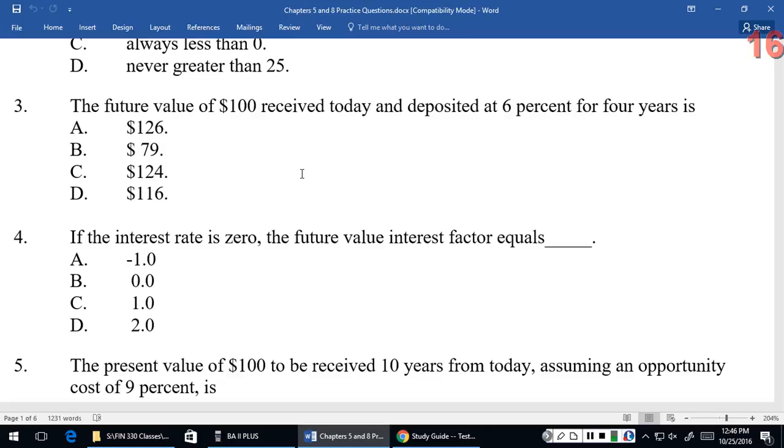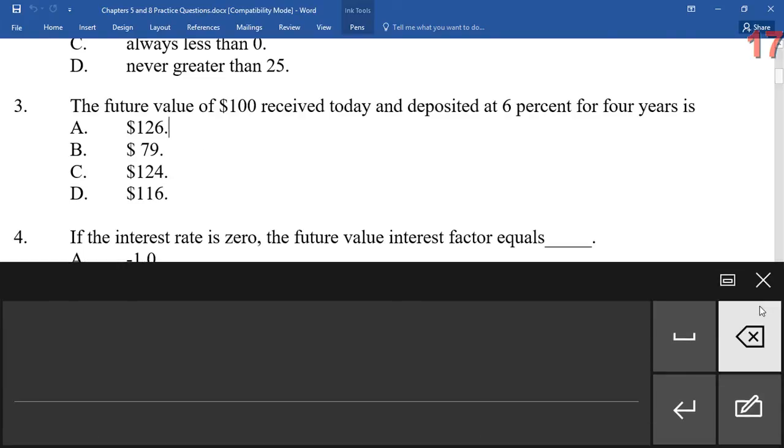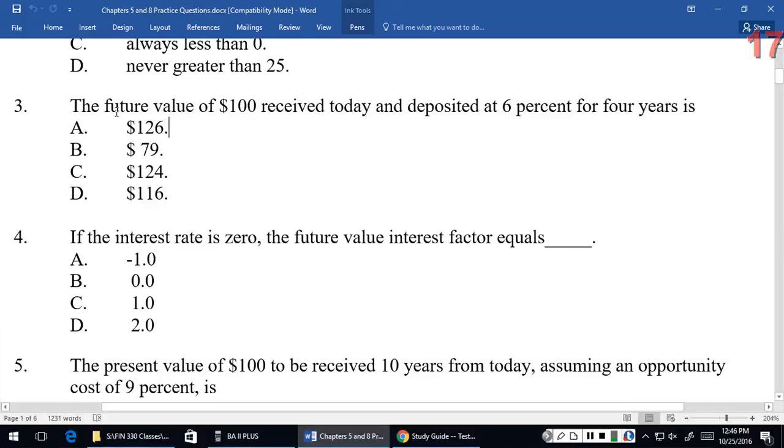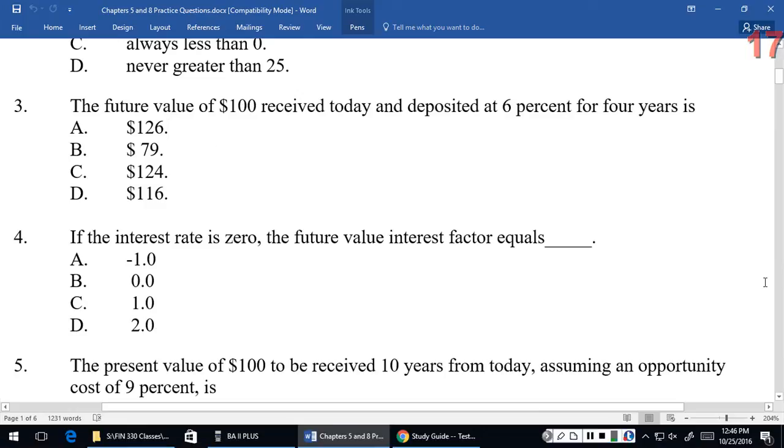Okay, so that's the first thing you need to identify when we're going through this. What type of problem am I working with? This is the future value of a lump sum. Now, you can do this a couple different ways. One is you could use the formula, which we just talked about, which, if I can get my pen to work.